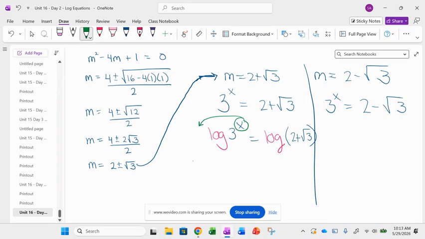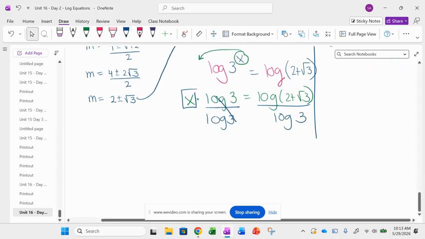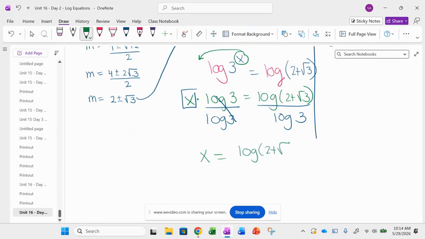So now I'm going to have x times the log of 3 equals the log of 2 plus the square root of 3. We're now going to solve for x, so we divide by the log of 3. And one calculator-ready form is log of 2 plus the square root of 3 over the log of 3.